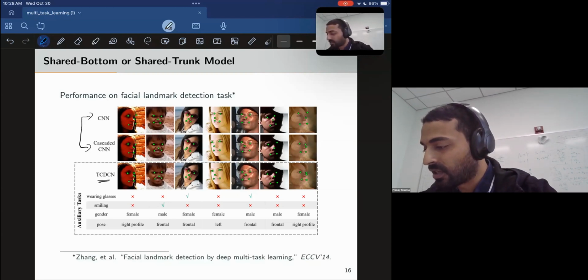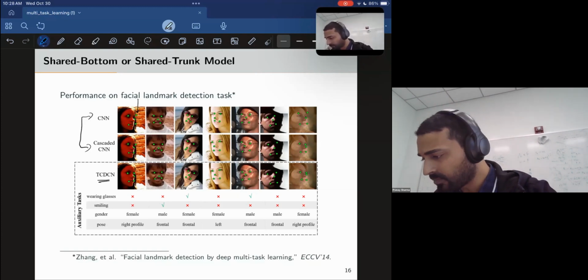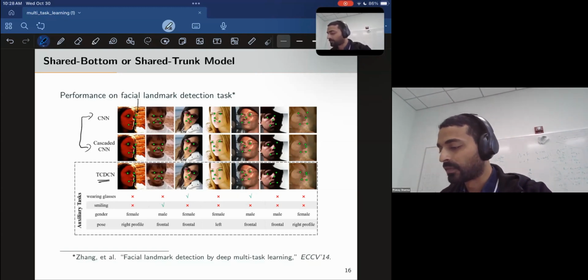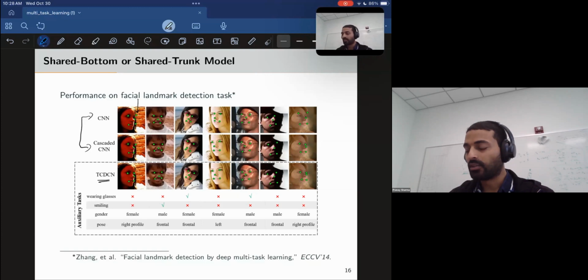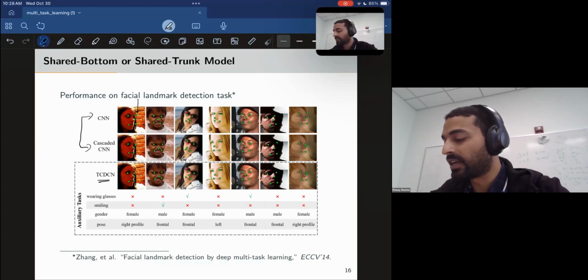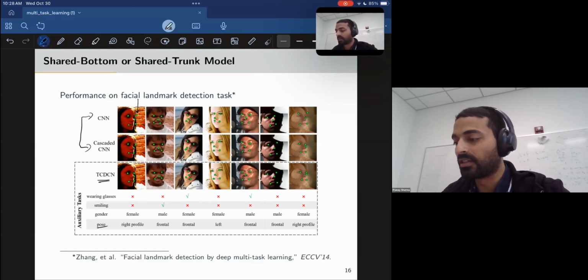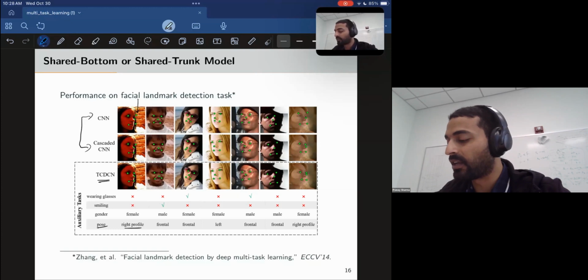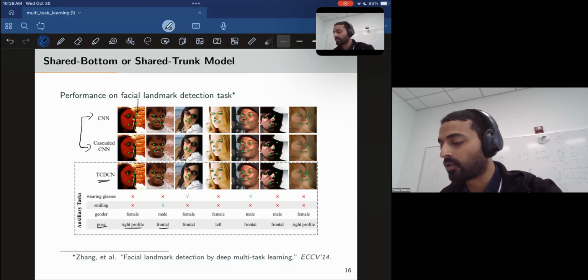Here, as you can see, this specific eye is not identified very well. And the two remaining tasks which we discussed: the first was head pose estimation, which means looking at the image, can you identify what is the pose? Is it right profile? Is it a frontal image? And so on.